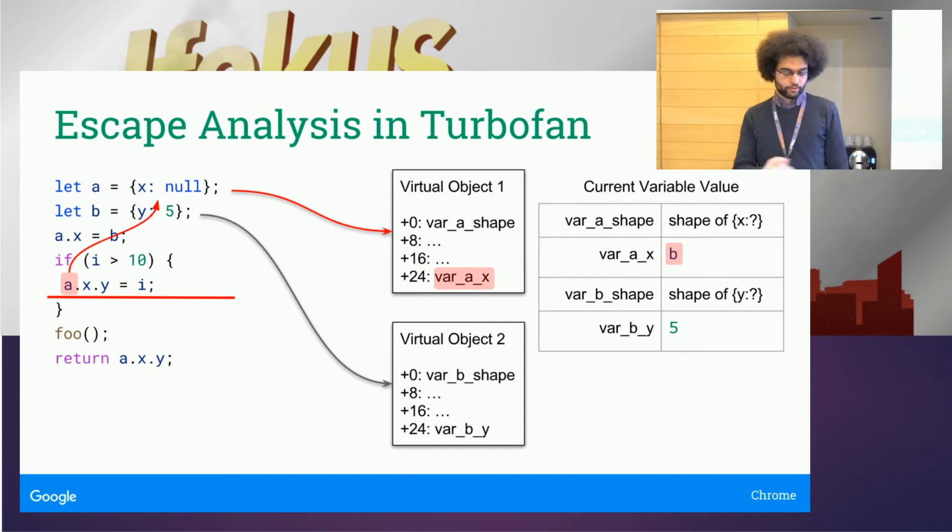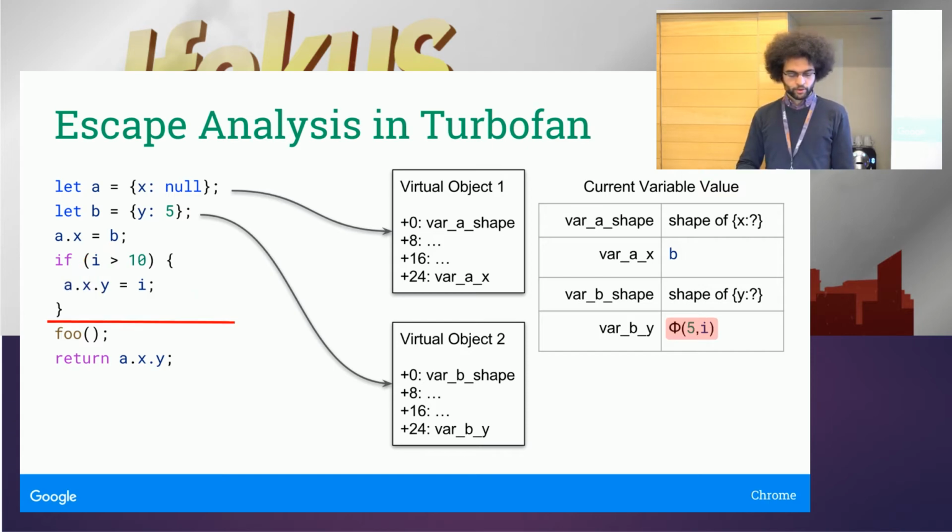Now, if you have two dereferences, two field accesses, then the first one is a load, the second one is a store. First we handle the load as before. A is the first virtual object, the current value is B. So A.x is B, B is the second virtual object. The Y offset of this one is the local variable var bi, and it used to be 5, and now it's I. Since we are in SSA, we can just refer to dominating instructions directly.